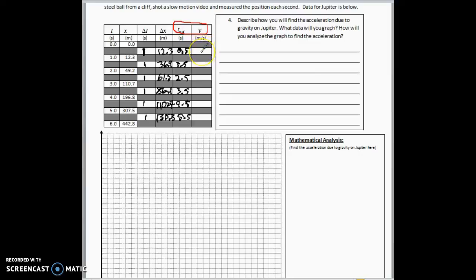So our answers will be 12.3 meters per second, 36.9 meters per second, 61.5 meters per second, 86.1 meters per second, 110.7 meters per second, and 135.3 meters per second. All right. We now have our data that we're going to graph. We have the velocity time data, and from that data, we're going to find the slope.